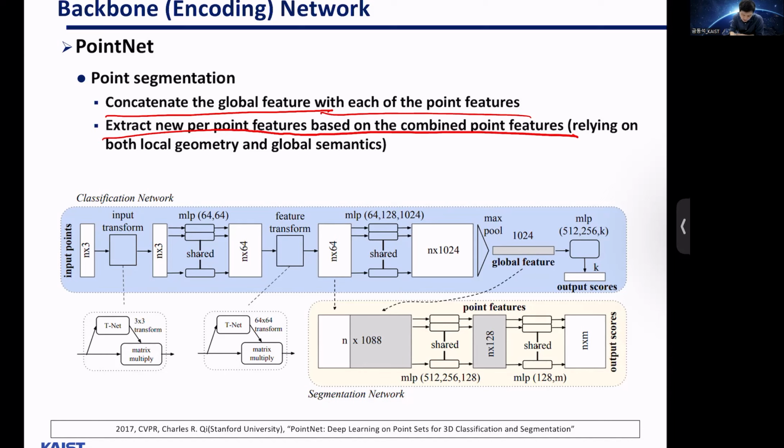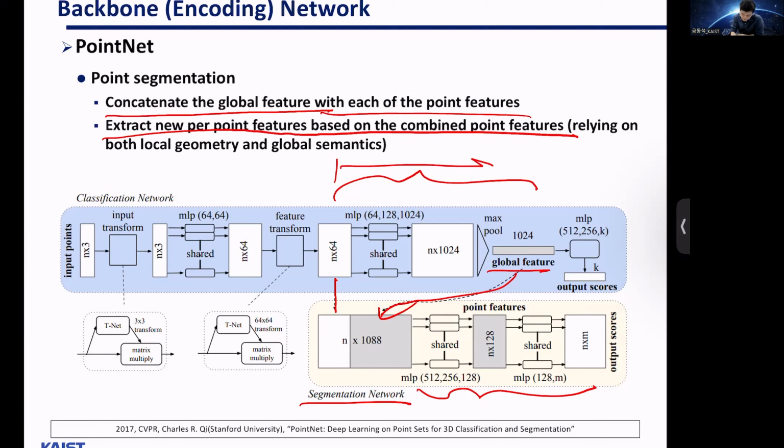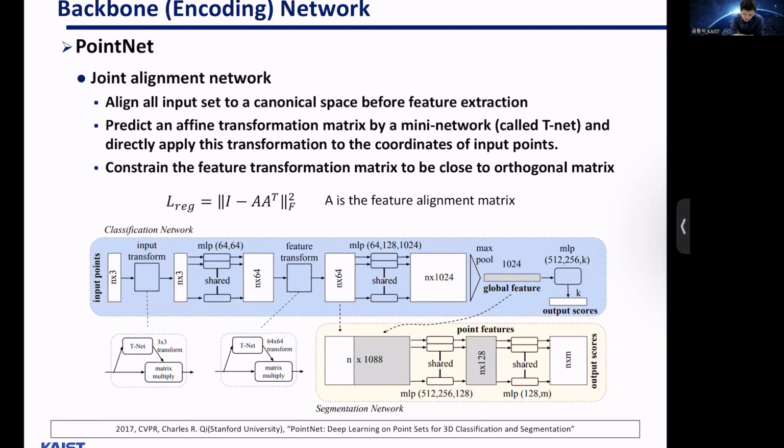So it takes these point features, and after you go through this layer, you take the global feature, and then you concat both features, and then you create another layer for the header, the segmentation network. And this layer is to classify a task.